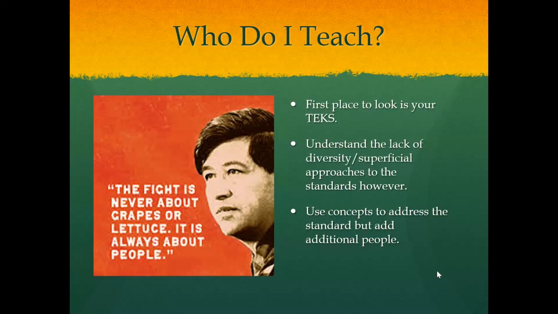So just know that maybe that's where you add in the additional people that you might teach. And then, of course, your social studies concepts or how you would teach them, using graphic organizers, using biographies, and those sorts of things help you teach about people that are significant in history.